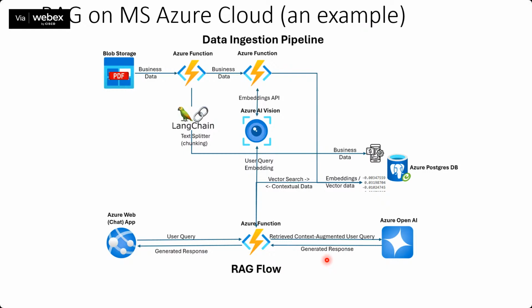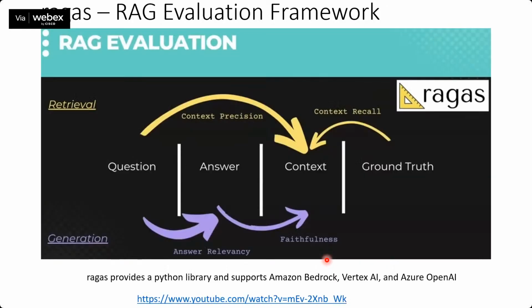That is where RAG evaluation, RAGAs, DeepEval, quite a few frameworks come in, which measure all these metrics: context precision, answer relevancy, faithfulness, context recall, etc. These are some of the metrics used for measuring these generative AI solutions also.